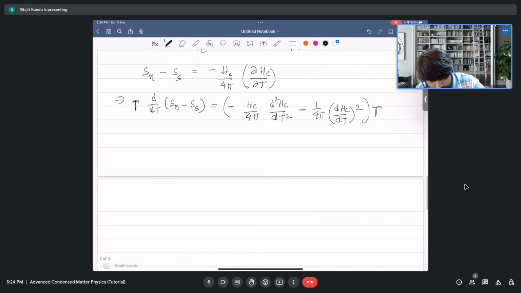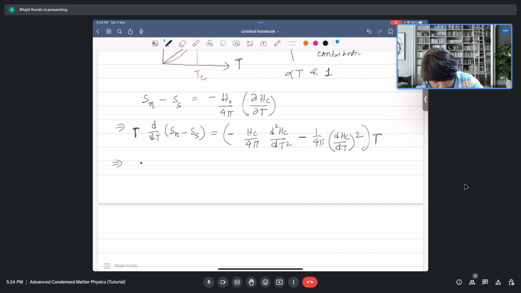The left hand side is the difference of the heat capacity of the normal phase minus the heat capacity of the superconducting phase. Let's write it the other way so that we don't have to carry the minus: Hc by 4 pi d2 Hc dT2 plus 1 by 4 pi dHc dT whole squared, times T.